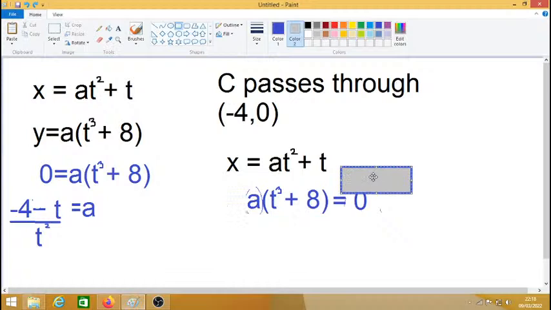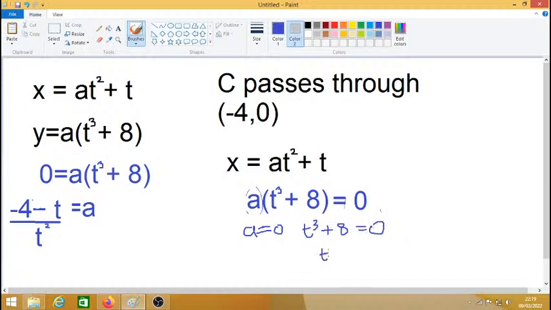So let's go with both. a is equal to 0 might be one of the values, but it's not the only one, because we're told in the question that a is non-zero. Now the other bracket: t cubed plus 8 equals 0. Take the 8 to the other side, and t cubed is equal to minus 8.